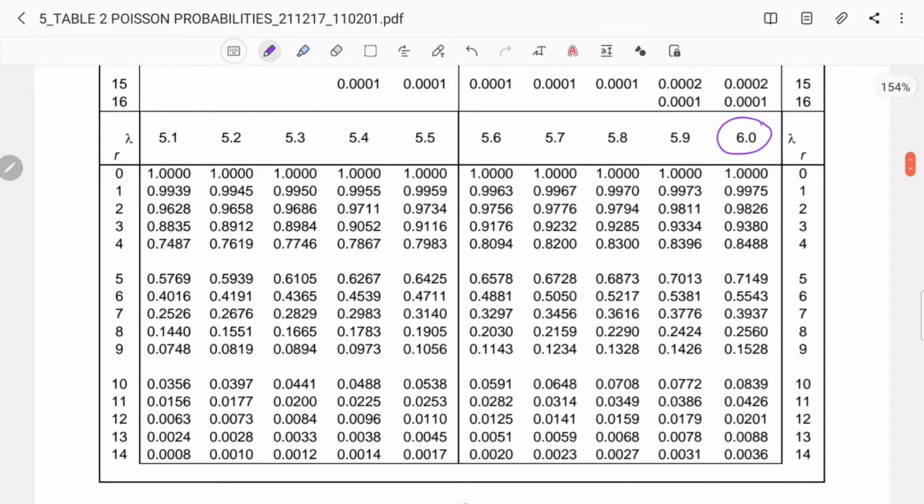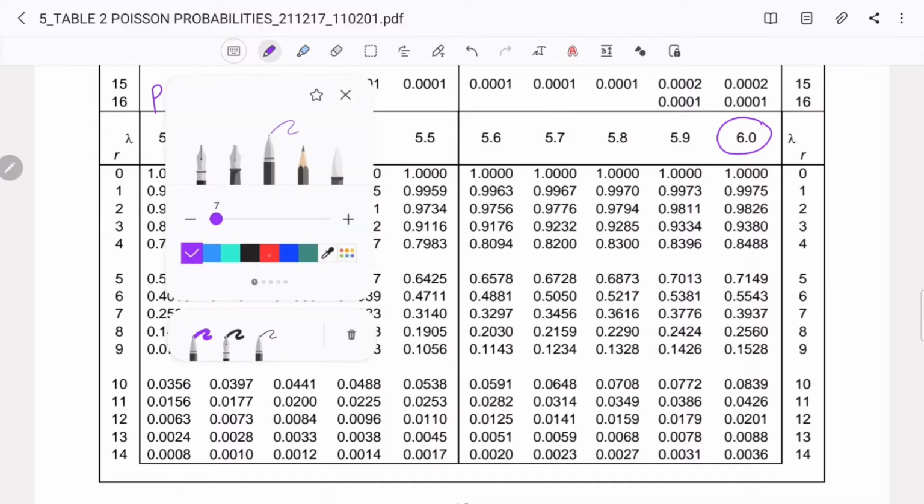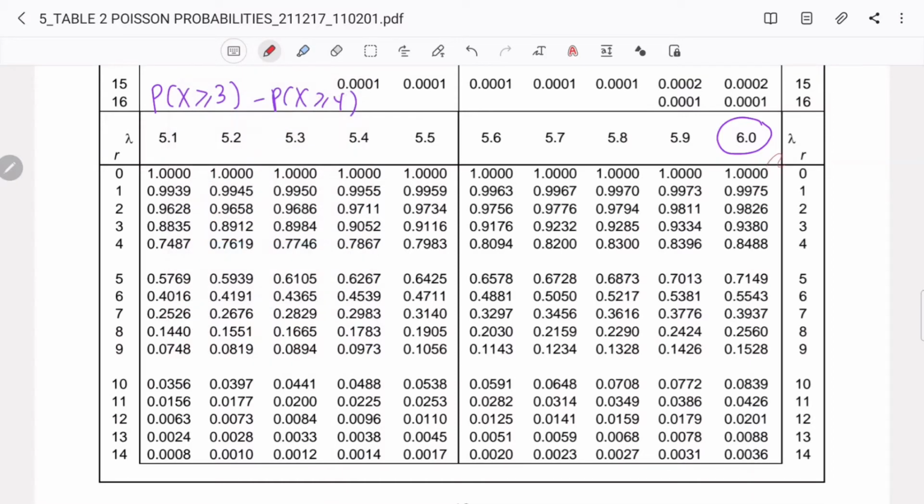Since we want the probability X greater than or equal to 3 minus the probability X greater than or equal to 4, we need to find the value when r equal to 3. When lambda equal to 6 and r equal to 3, the probability is 0.9380.